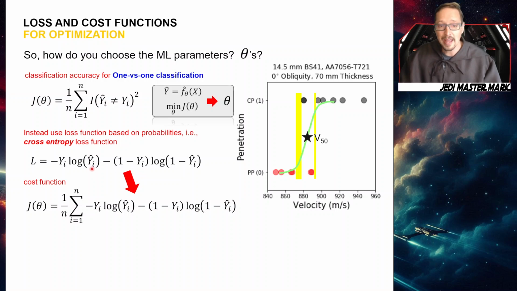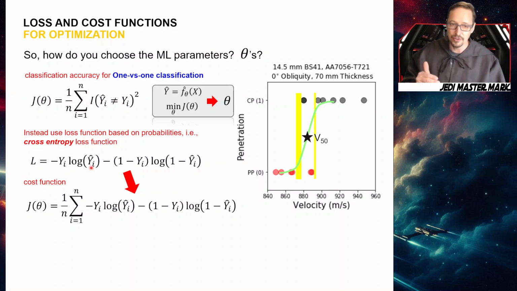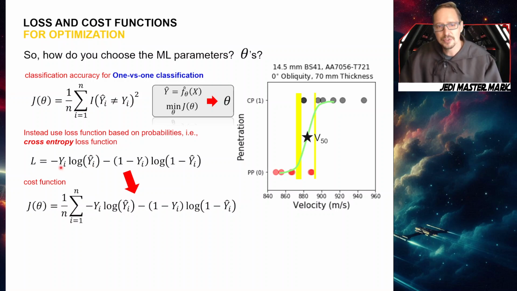Now, if y hat is anything else, you're going to have 1 times the log of whatever that y hat is, and that's going to return a value that's, again, small when it's very close to y, and is going to get larger as you get further and further away from y. And the same thing if you have 0 as a response. So if 0 is a response, this whole first term goes away because y is 0, but 1 minus 0 is going to be 1.